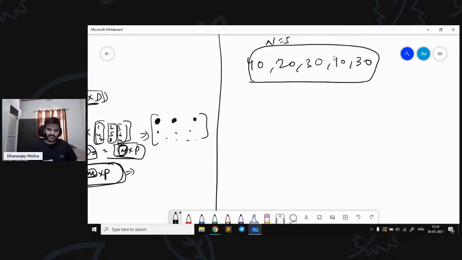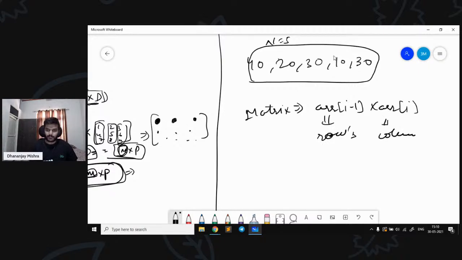As said, one matrix will be denoted by array of I minus 1 into array of I. That means array of I minus 1 denotes the number of rows, and array of I denotes the columns, the dimensions. As it is quite logical, we don't have any negative indexes.